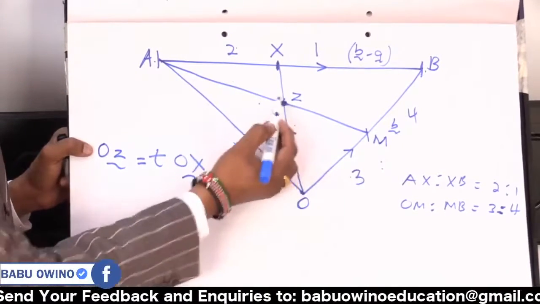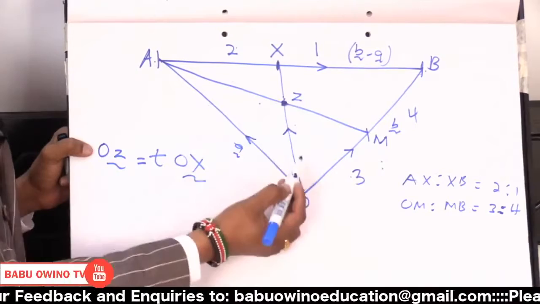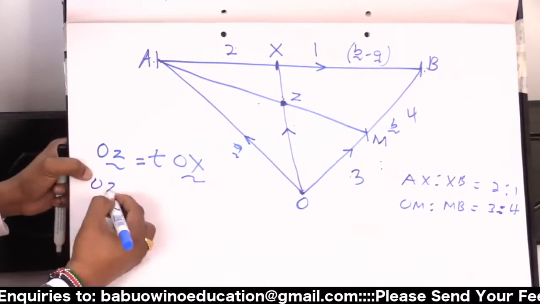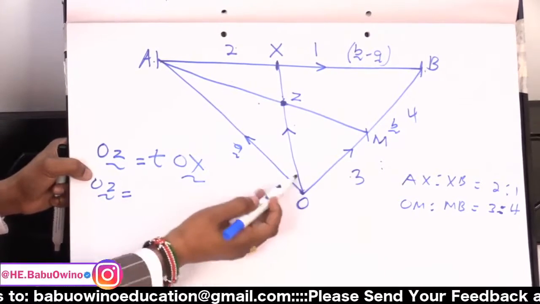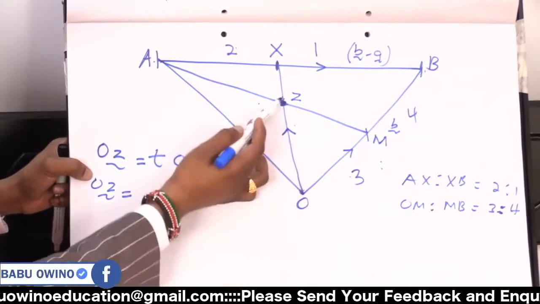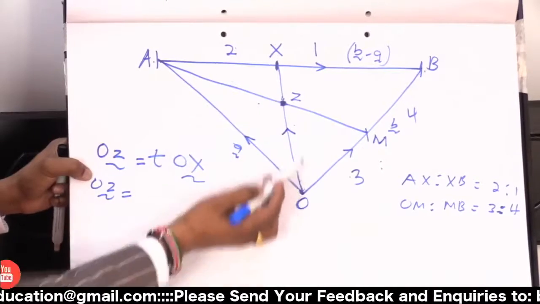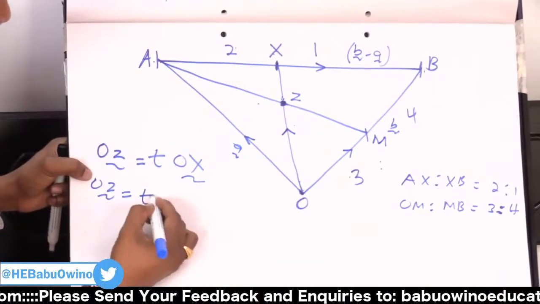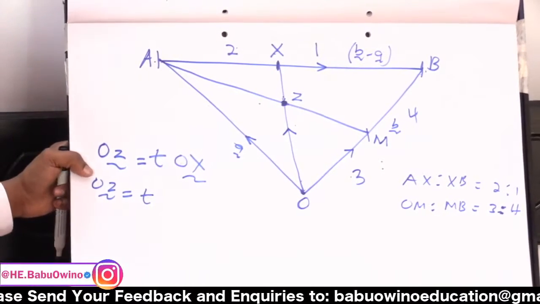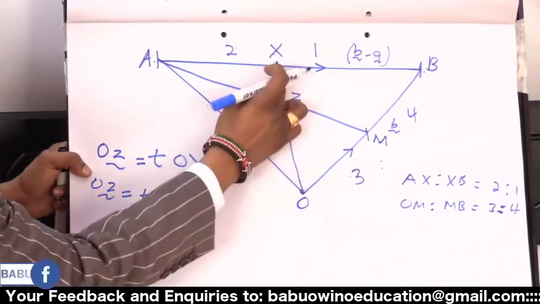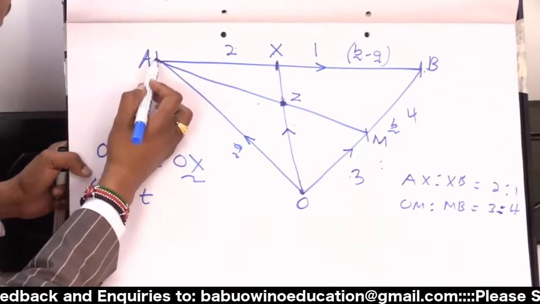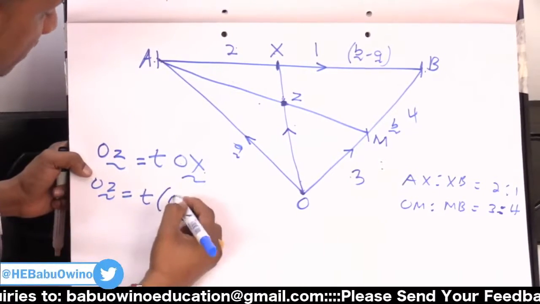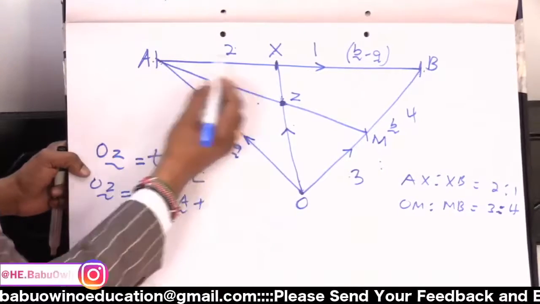So one way of moving to point Z is by using a scalar of OX. So OZ is equal to T of OX. But what is OX? OX is OA plus AX. OX is given by OA plus AX.